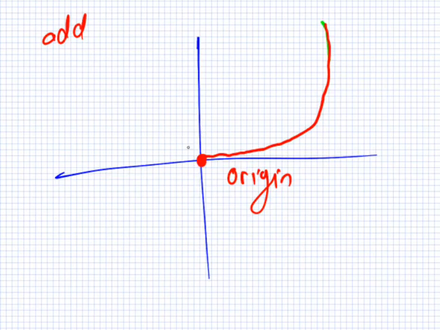Why is this not even? Because different values of y for x. Because it shifted from the middle. Yes, so it's no longer a mirror. This is not the same on the left and the right of the y-axis.